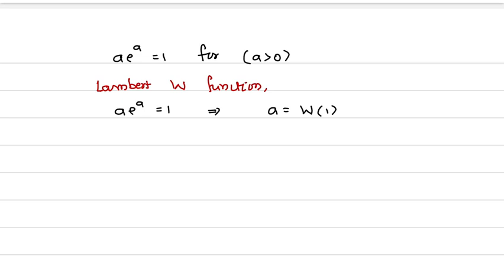What is the value of the Lambert W function at 1? That is equal to 0.56. This I have already discussed in many classes in my previous lectures. Please refer to them for understanding the Lambert function.